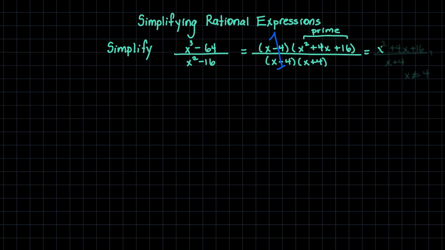So we're left with (x squared plus 4x plus 16) all over (x plus 4), acknowledging x cannot equal positive 4 because positive 4 would have made the denominator 0 before the common factors simplified to 1.